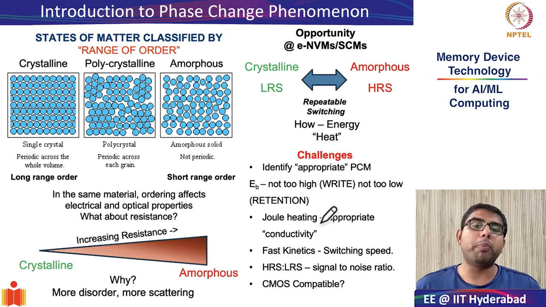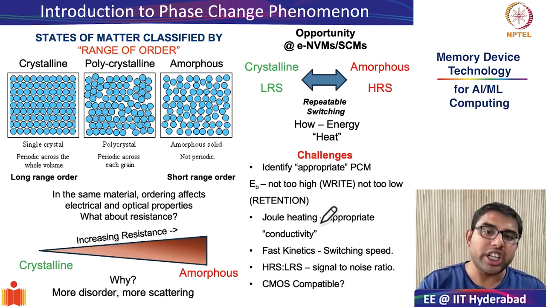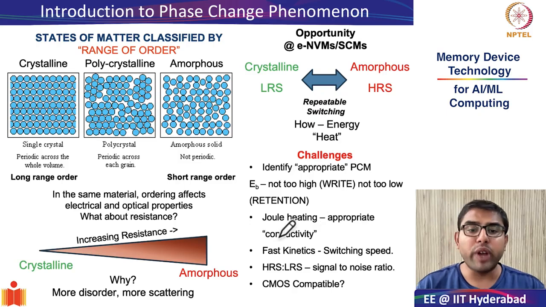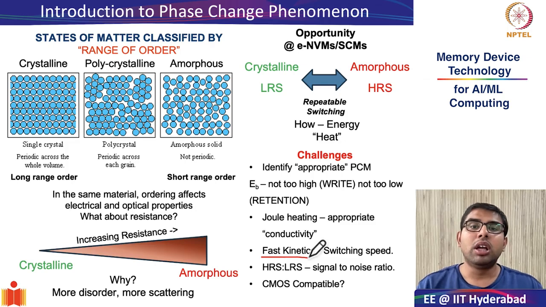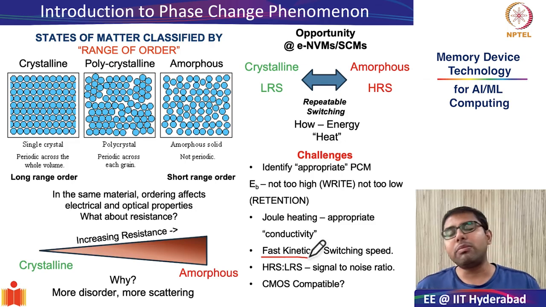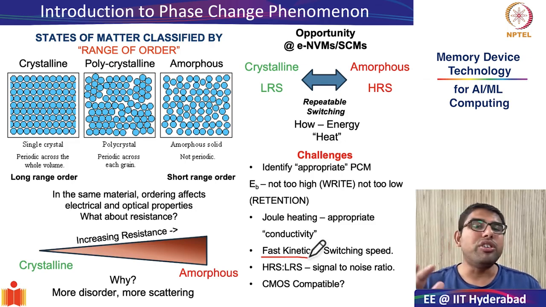The next important point is the kinetics, or the time of switching from crystalline to amorphous phase, which must be fast enough. So remember, eNVMs have to play in the regime which is slightly worse than DRAMs, which is roughly 100 to 200 nanoseconds.